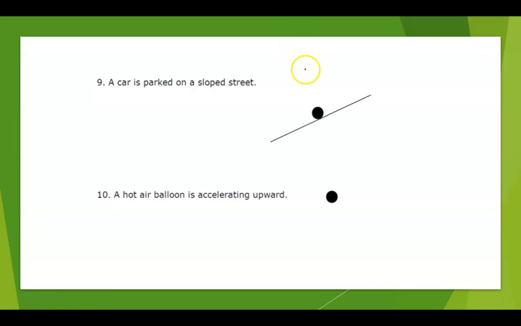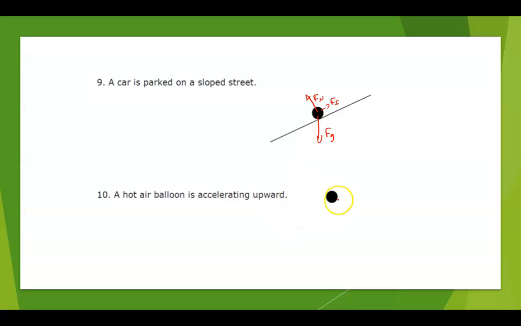If the car is parked on a steep slope, well, we've got a force of gravity. The normal force, remember how we mentioned that the normal force is perpendicular to the surface, so it's actually going this way. What's preventing it from sliding this way and down is friction, holding it in place.